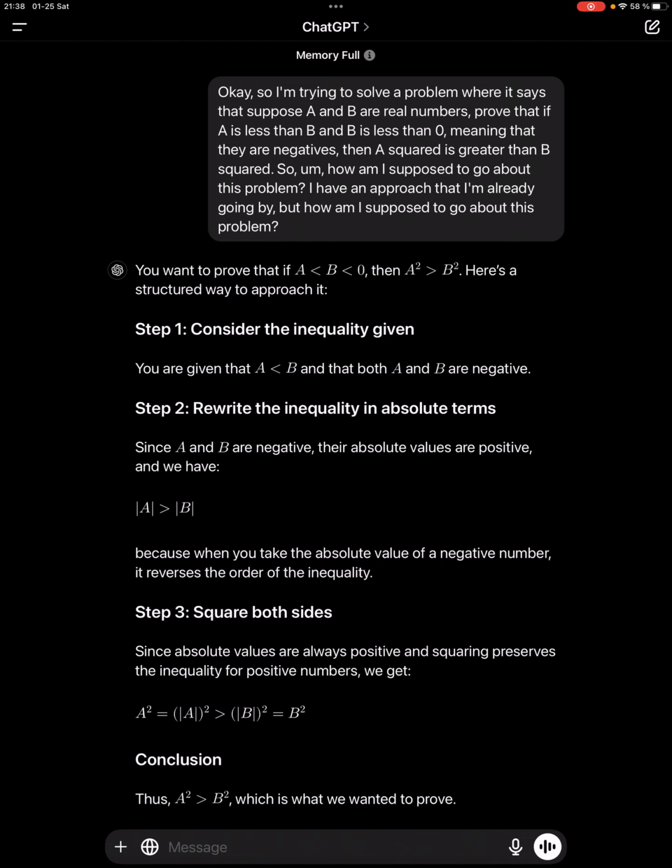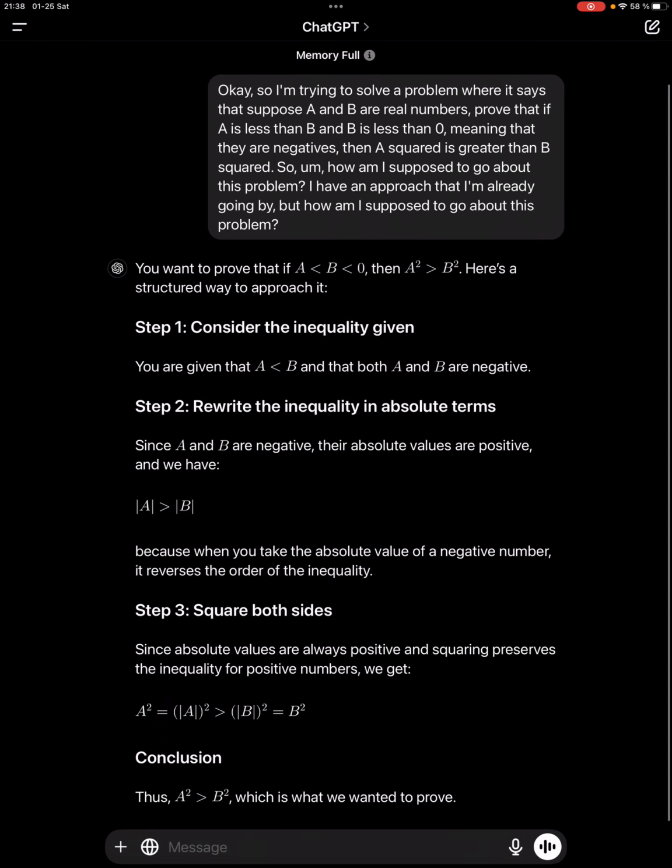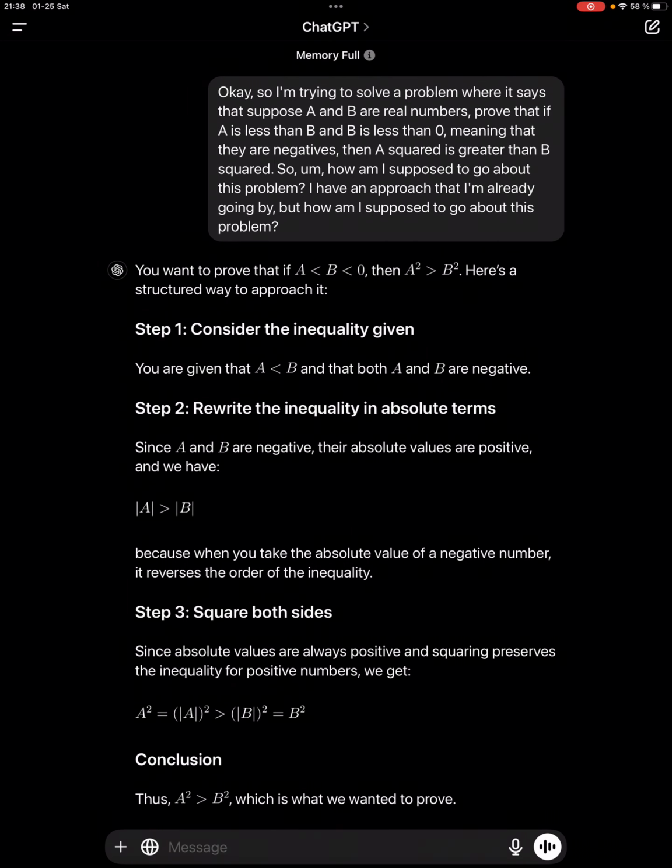The absolute values are positive, and so the absolute value of a is greater than the absolute value of b, because when you take the absolute value of a negative number, it reverses the order of the inequality, kind of like the division thing. Then square both sides. Since the absolute values are always positive and squaring preserves the inequality for positive numbers, we get the result. Oh, okay. So basically, they got the final form.